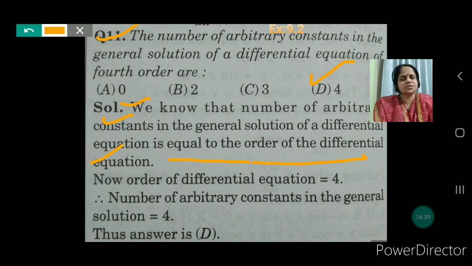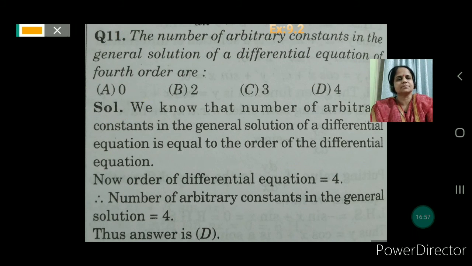If the equation is of order 2, then the number of constants will be 2. Here the differential equation is of order 4, hence there will be 4 arbitrary constants. So the answer is 4. Option D is the correct answer.